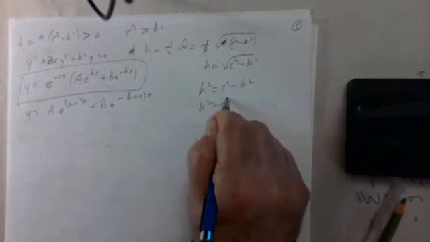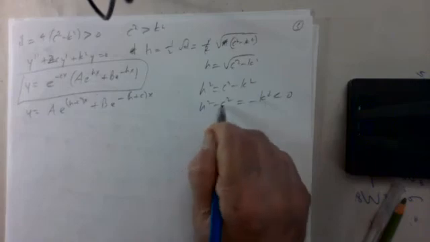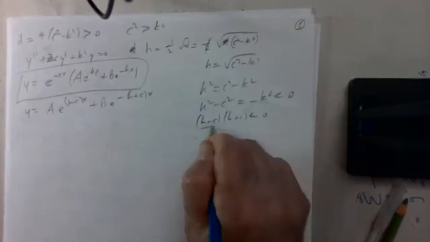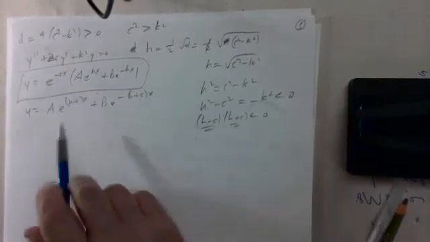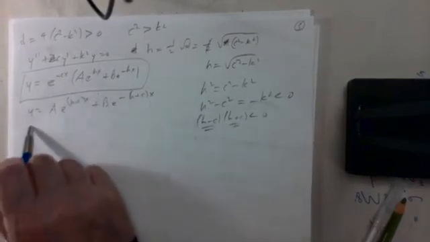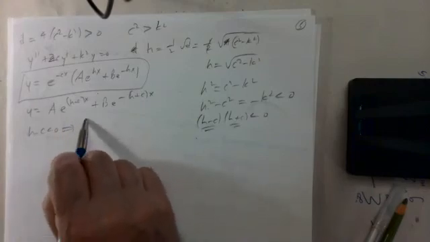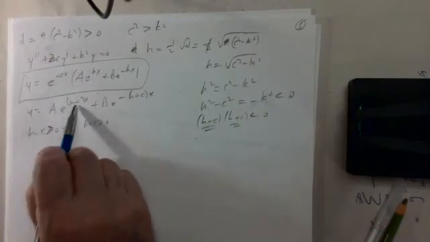So h squared minus c squared is minus k squared, which is negative. This factors: h minus c times h plus c is negative. So one of these is positive and one of these is negative. If h minus c is positive, h plus c is negative.